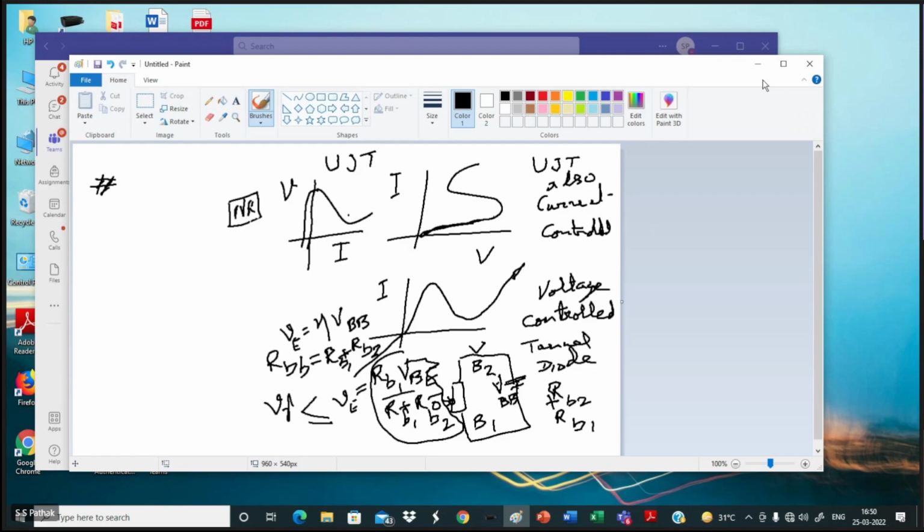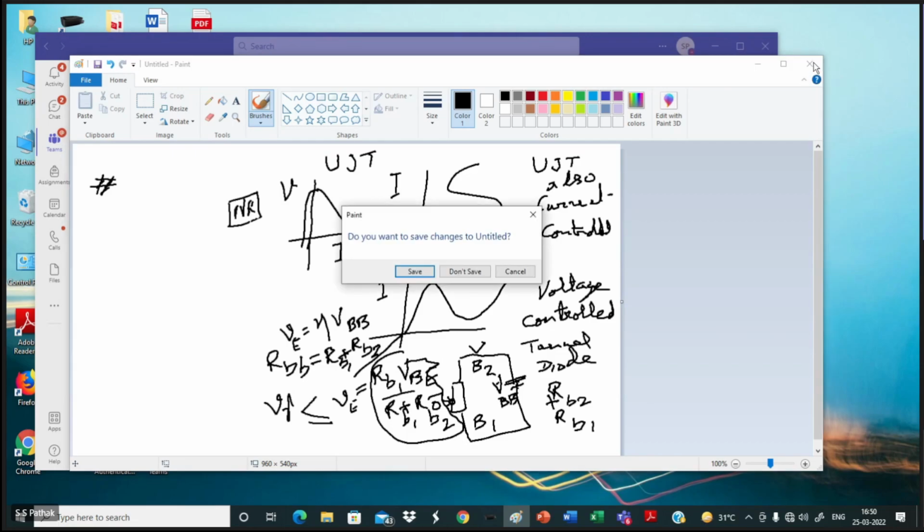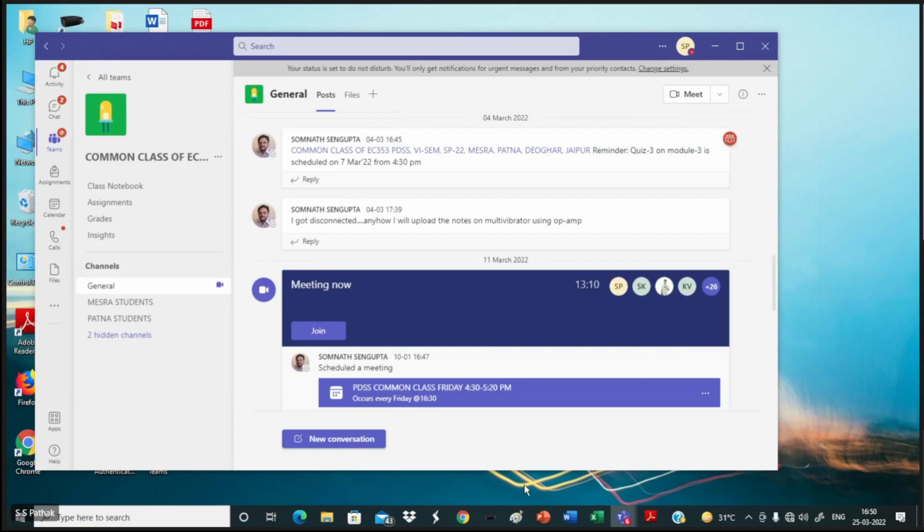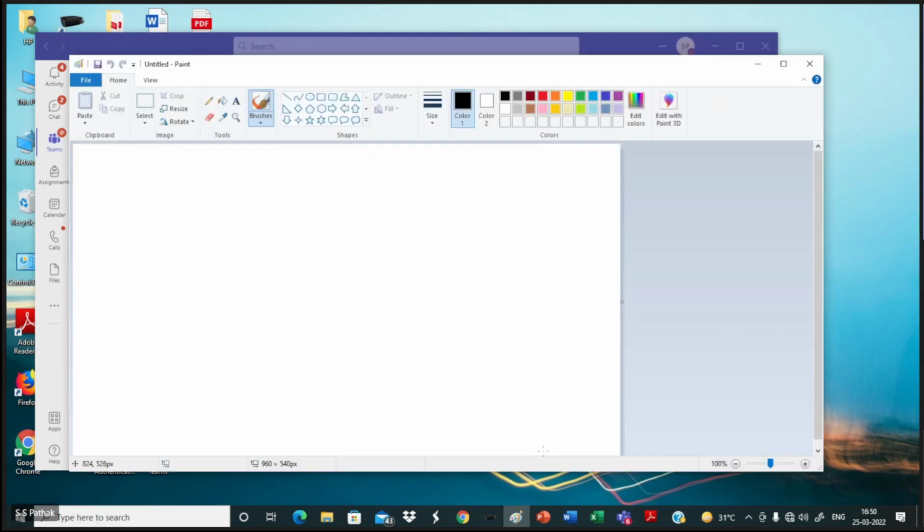What kind of questions are asked? The device will be mentioned, the characteristic will be mentioned, then questions will be framed. Question like that: this is the NR device, and its characteristic you have drawn like that.